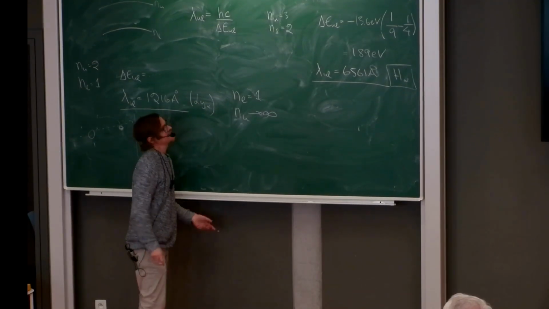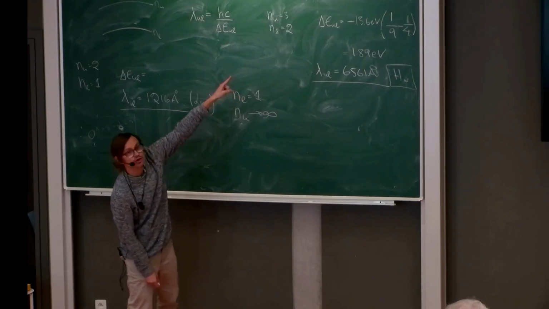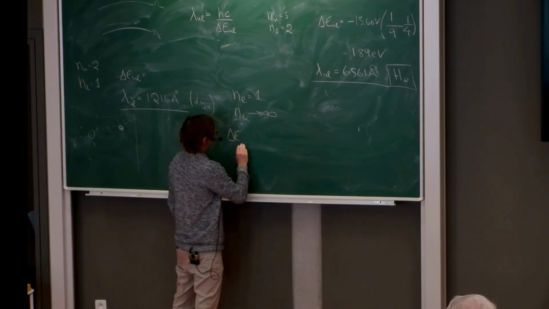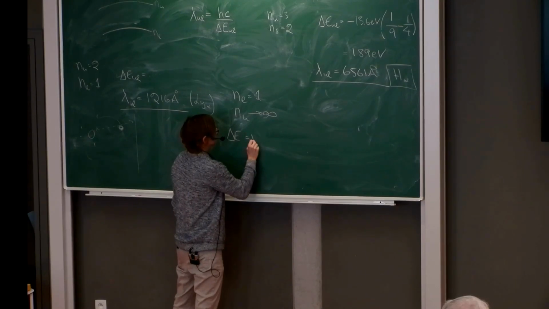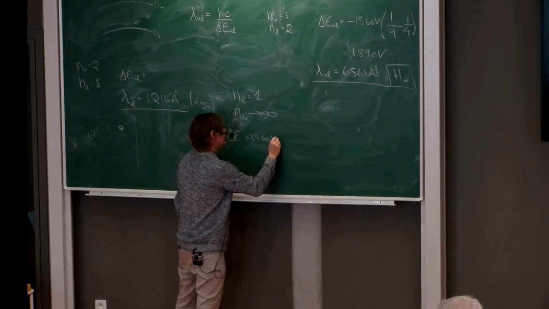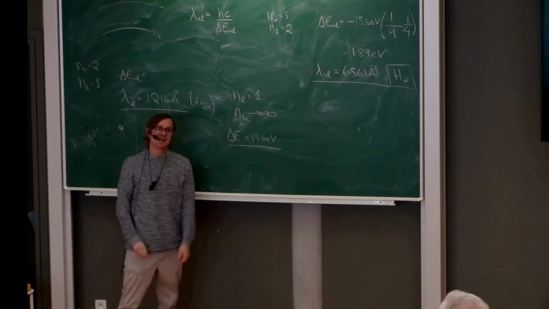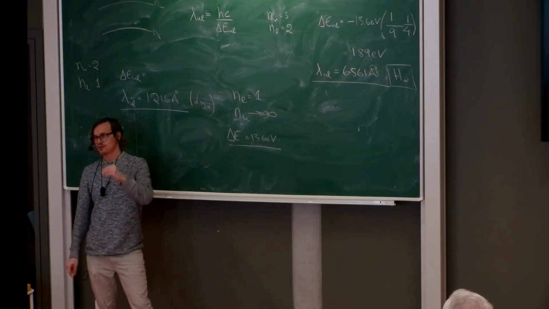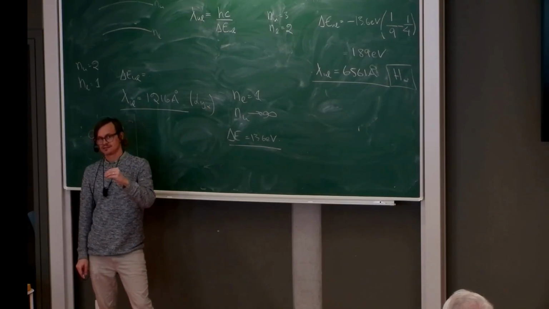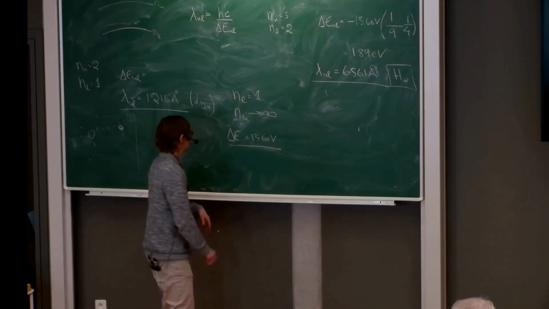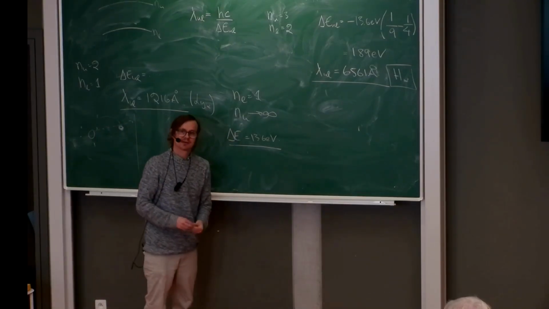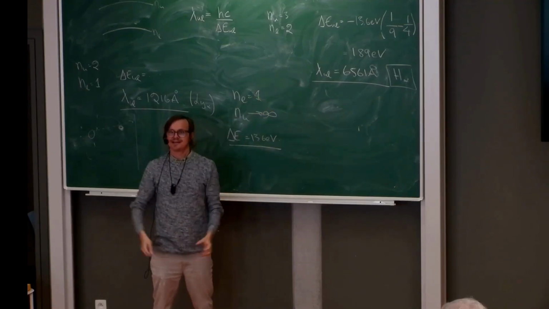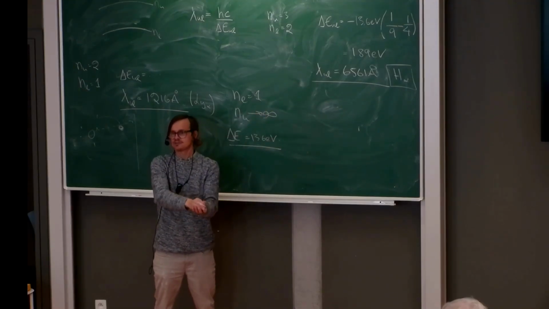We just plug that in, and delta E for that is just 13.6 electron volts. This is the ionization potential of hydrogen from the ground state. This is how much energy it takes for a photon to come in to get rid of the electron, if the electron is in the ground state.